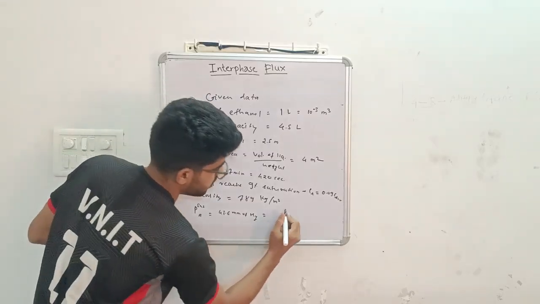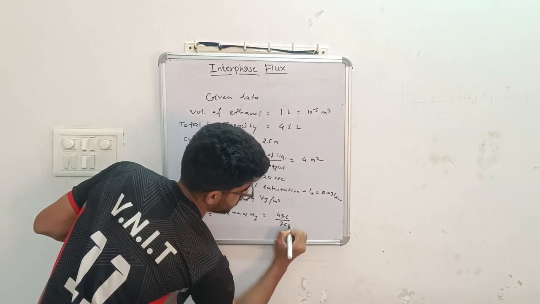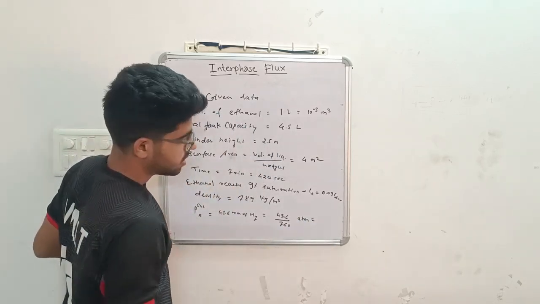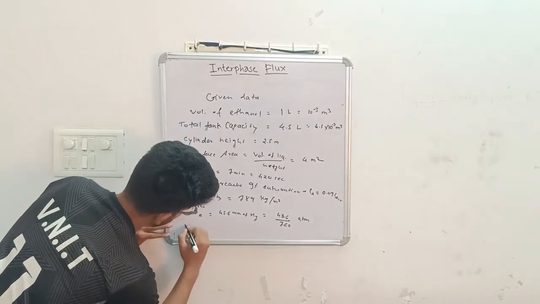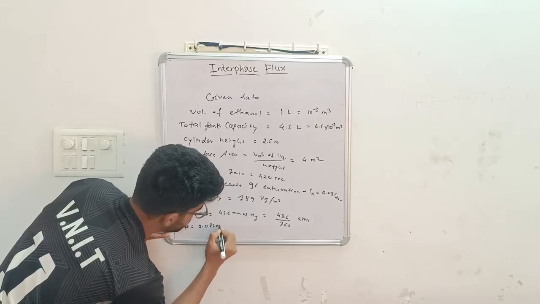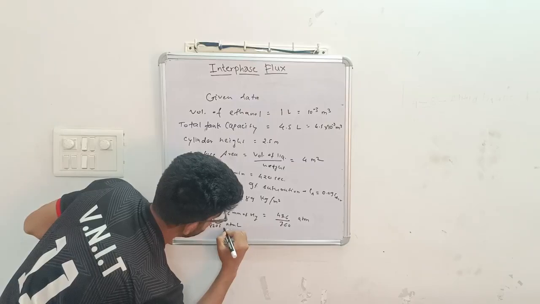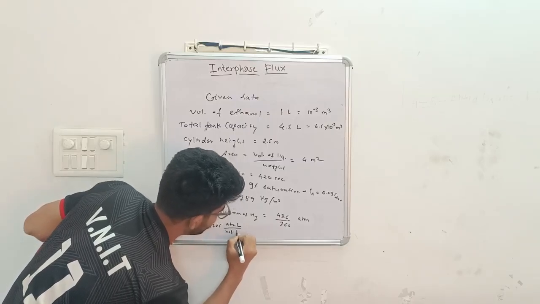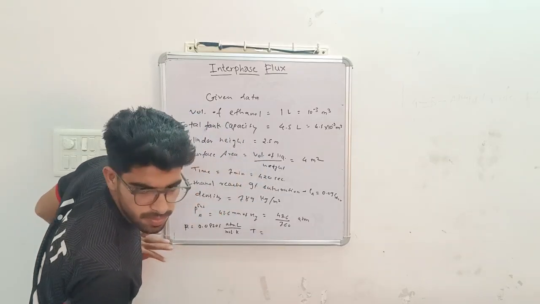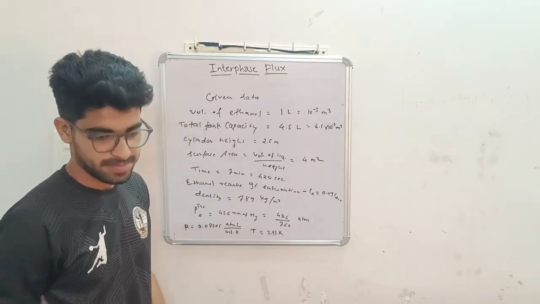We are going to convert it into atm. R is equal to 0.08205 atm liter per mole Kelvin, and our temperature is 293 Kelvin.